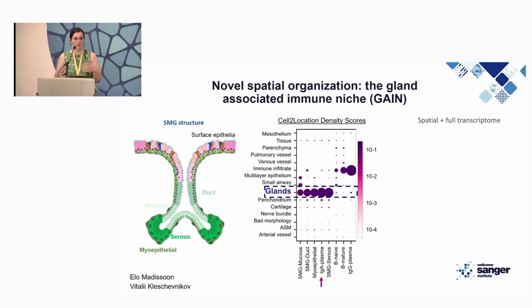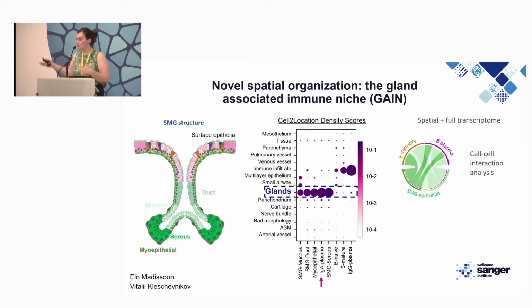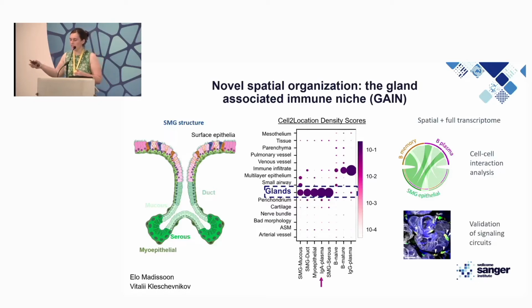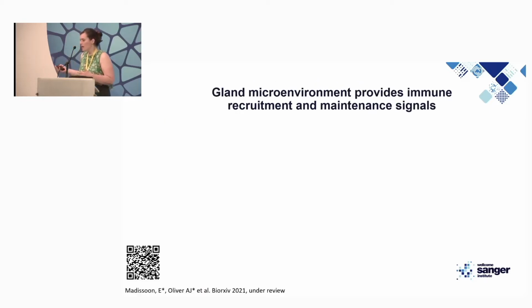And so using this spatial data with the full transcriptomic data, we're then able to interrogate the signaling mechanisms that are involved in this niche. We can do this with cell-cell interaction analysis from the full suspension cell data, and then this can drive the hypotheses and validations of the signaling circuits involved in this niche. And so I don't really have time to go over all of the validation and exciting data and nuances of this niche, but again, I encourage you to go to our paper, it's on bioRxiv.